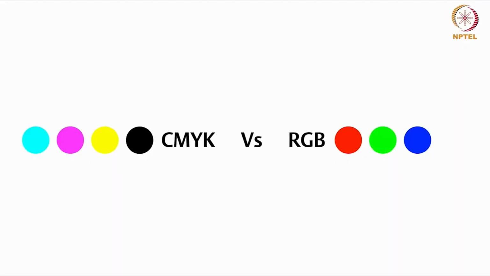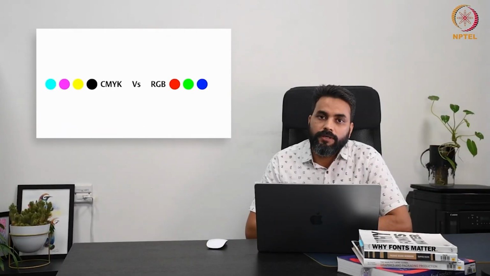If we start with the color system, there are two types of color system referred to by everyone. One is CMYK and another is RGB. CMYK stands for cyan, magenta, yellow and black. These four colors come under this category, and it is known as the 4-color printing process.